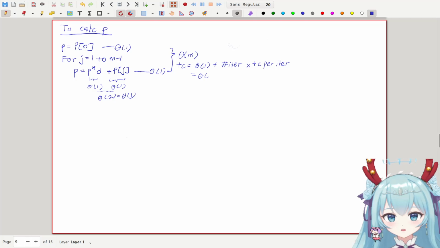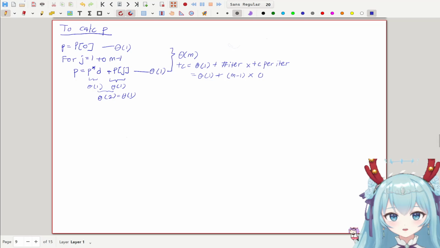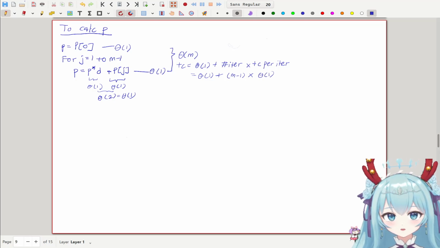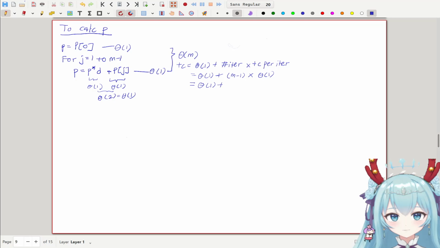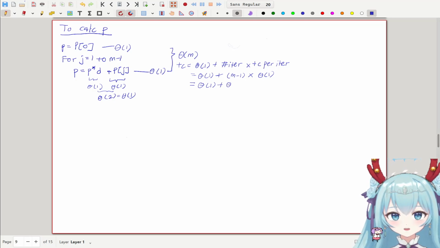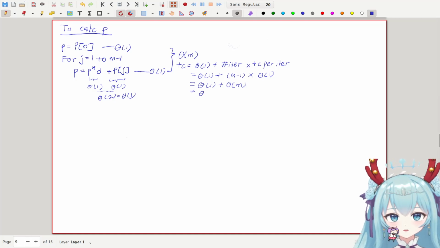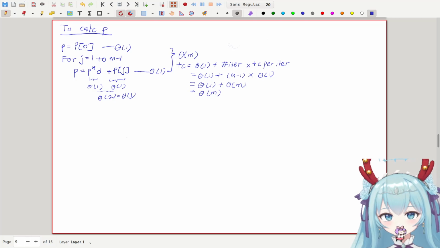And this remains as theta of 1, and the number of iterations is m minus 1 multiplied by the time complexity per iteration, which is this. So we'll have theta of 1 plus theta of m, and theta of m will dominate, so you simplify to theta of m.